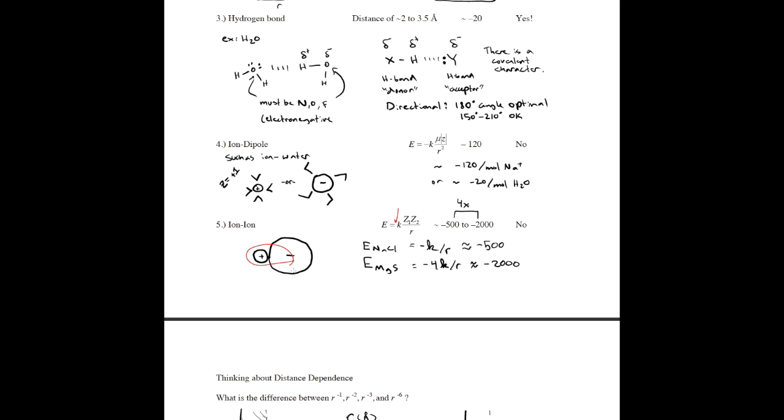And in fact, if these were the same charge, plus and plus or minus and minus, it would naturally come out to be positive, which is repulsive, so that makes sense. And so sodium is +1, chloride -1, magnesium sulfide +2, magnesium +2, sulfide -2, and so it is really the product of the +2 and the -2 that gives rise to magnesium sulfide being 4 times larger in magnitude than sodium chloride.